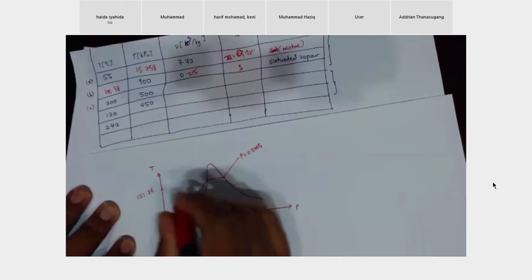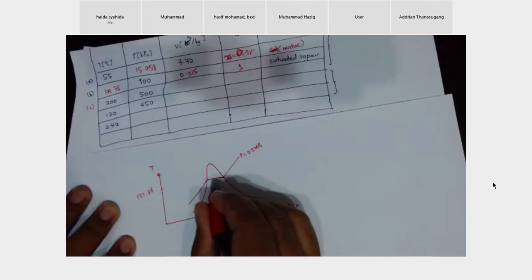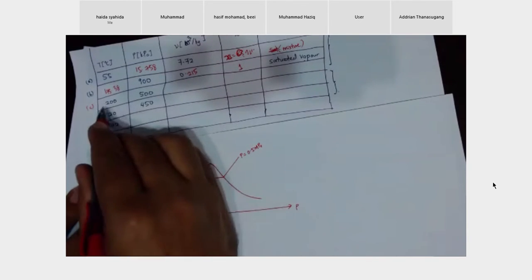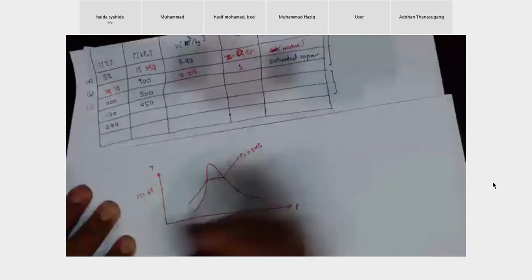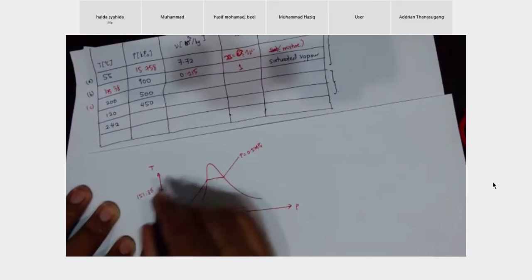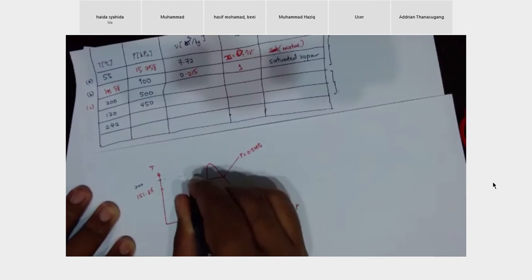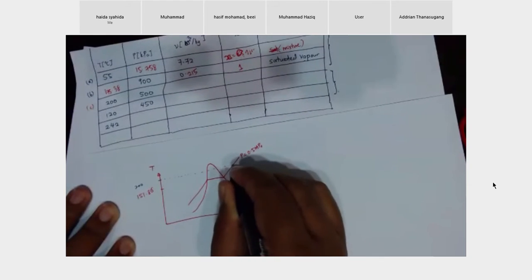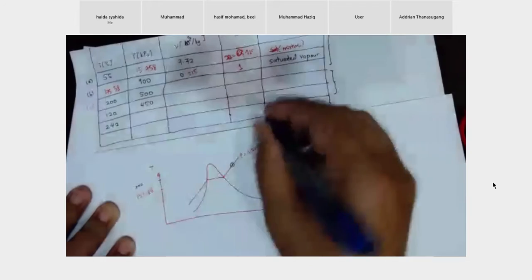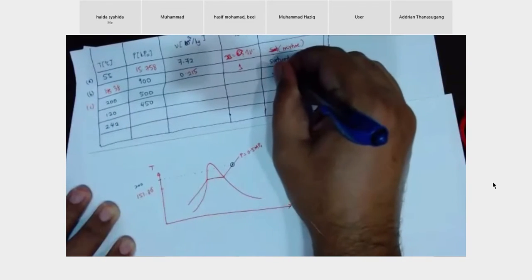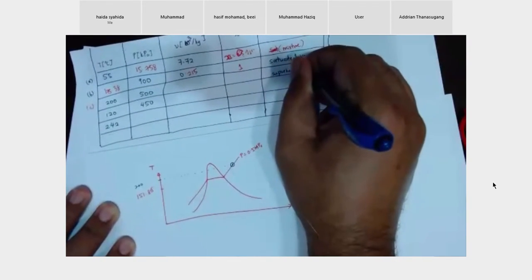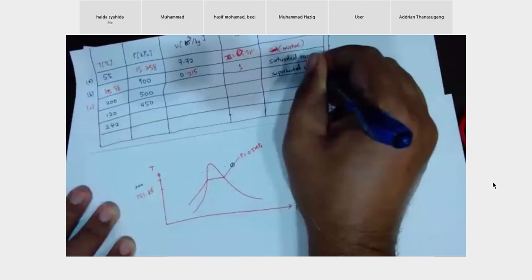So 151.86. 6 ni is along this line. Okay. The question say what? 200 degrees Celsius. So 200 is higher than 151.86. So 200 is here. So this is the area of superheated vapor. Nampak?